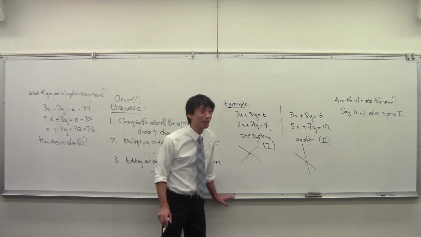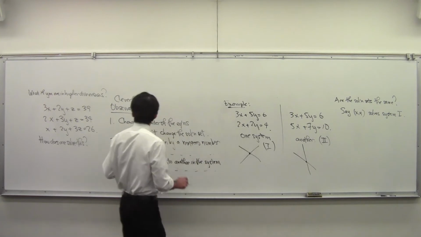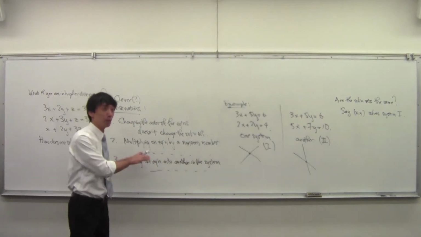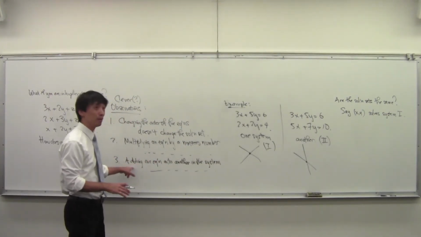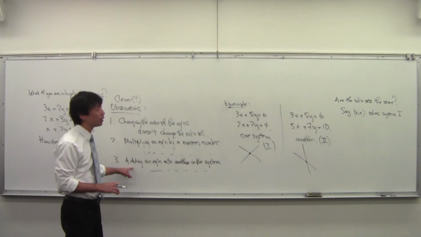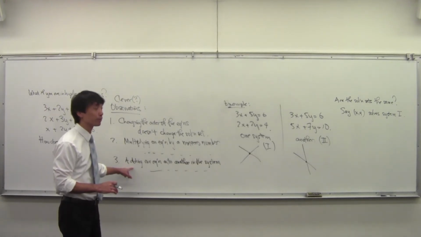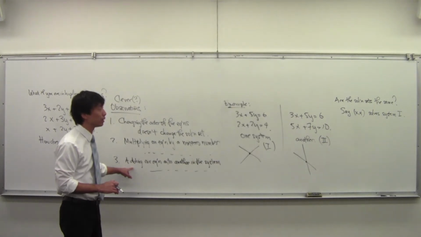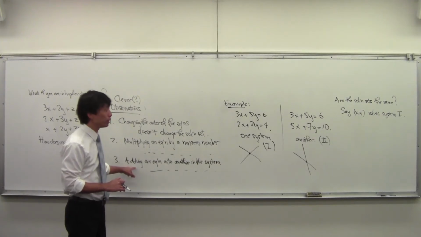Is this kind of just the same as rule 3? Because if you have a solution... Isn't it like the same as adding a number to both sides of an equation? Like, because say in 3x plus 5y equals 6, when you have a solution, both sides will just be 6, right?